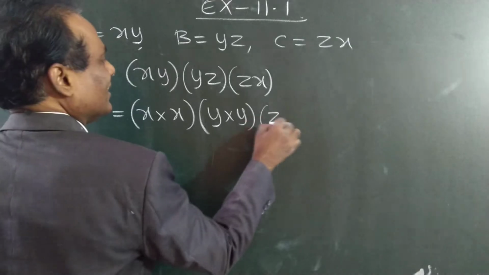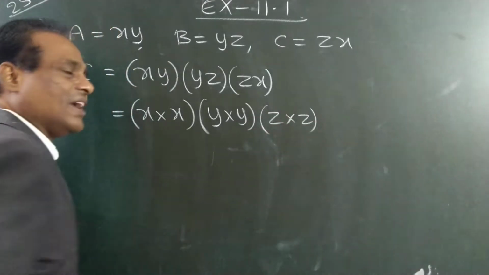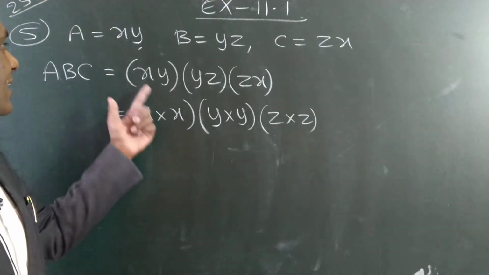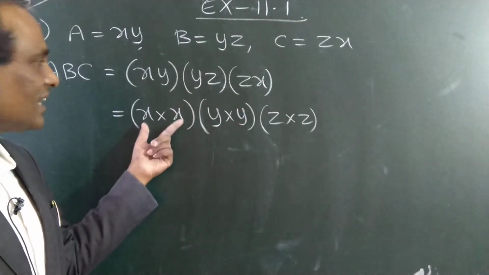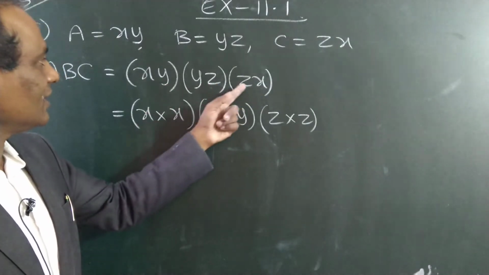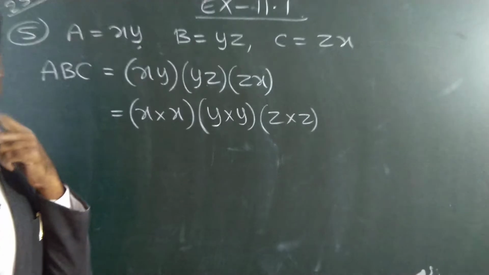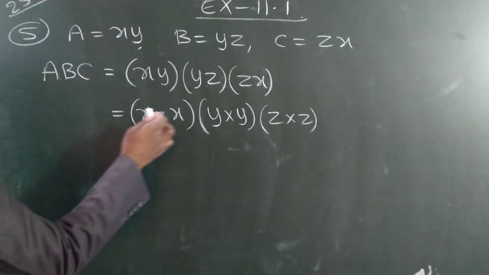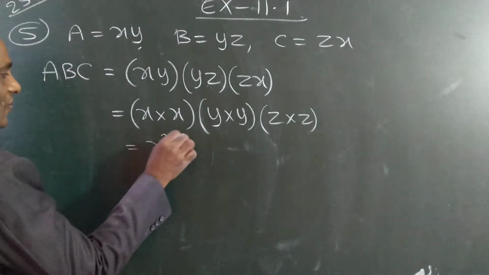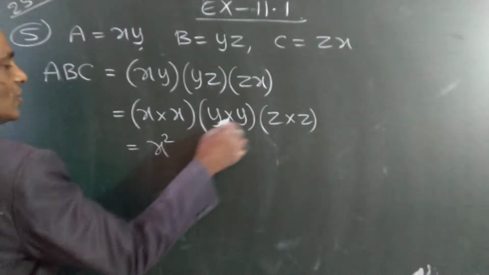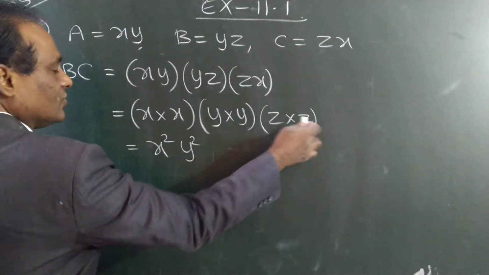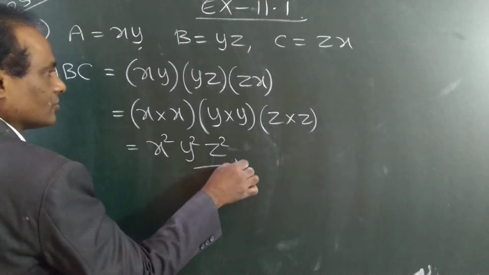Z into Z. Same base, same variables, I am writing in one bracket. X together, Y together, Z together. X into X is x square, Y into Y is y square, Z into Z is z square. Over.